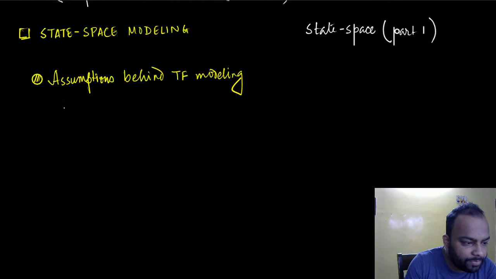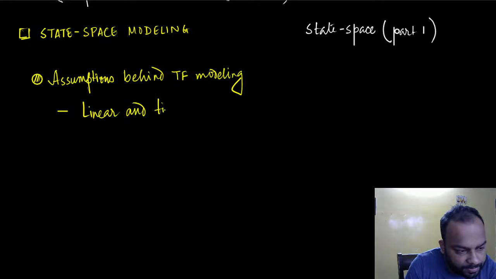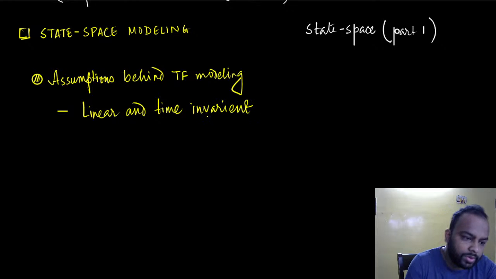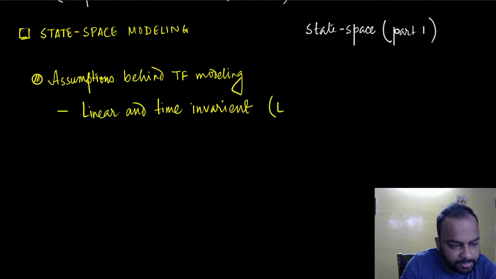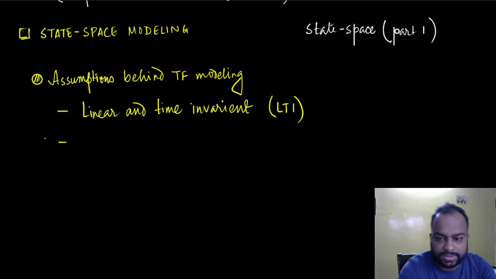The first assumption is that the system has to be linear and time invariant. The system has to be linear and time invariant, so LTI systems. So that is the first assumption. Again, we assumed continuous time systems.